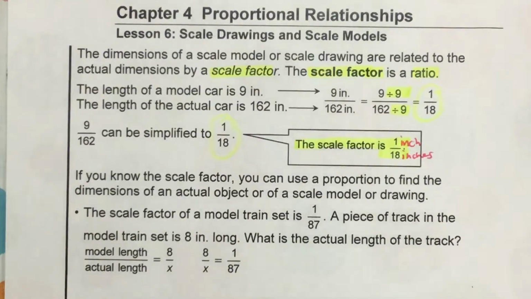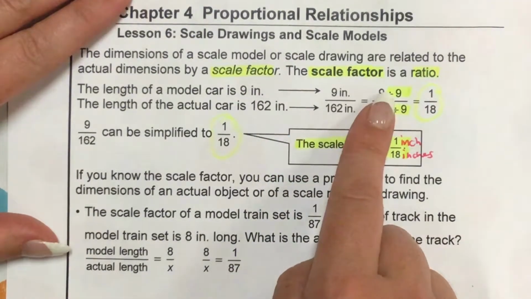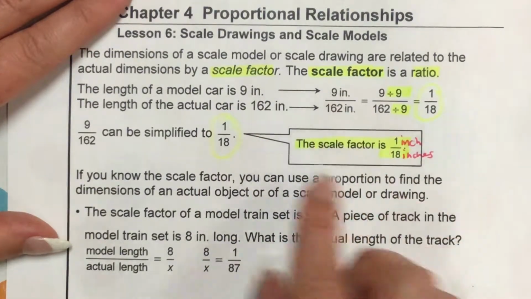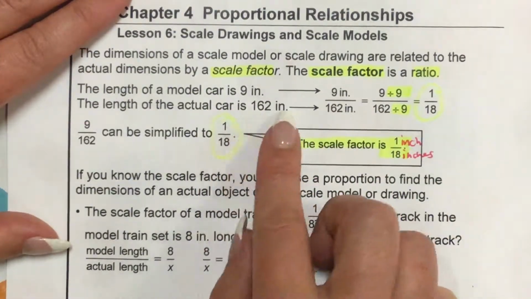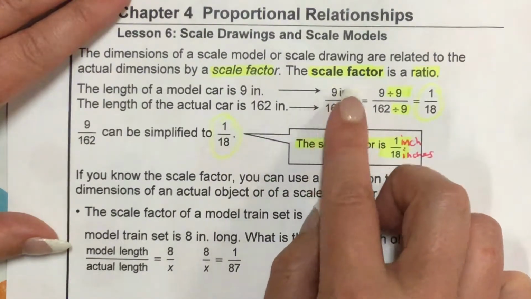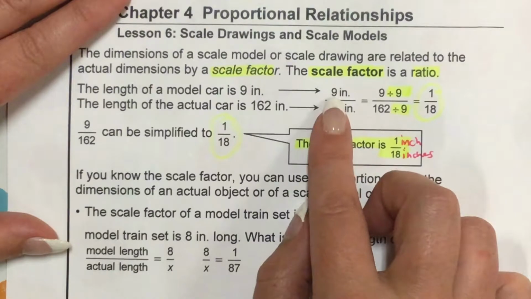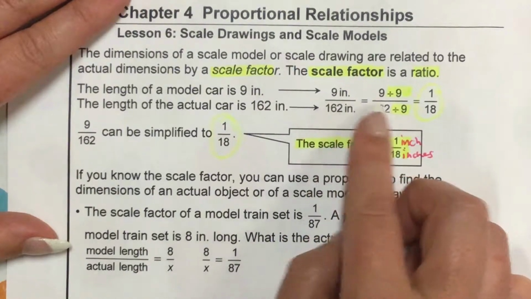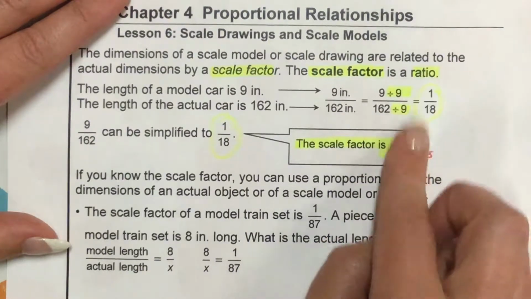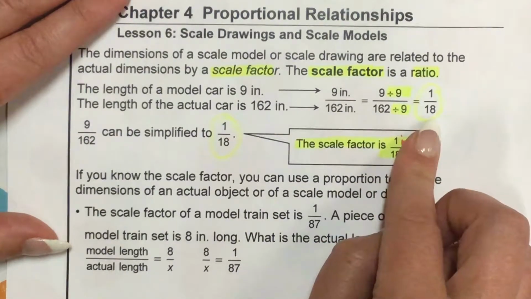Whenever you're trying to determine the scale factor, you're going to put the model or the mini version on top of the fraction. You're going to put the actual thing on the bottom, and then you're going to divide to get a 1 on top. So there's a 9, so we're going to divide the top and the bottom by 9, and then we end up with 1/18, and that is our scale factor.